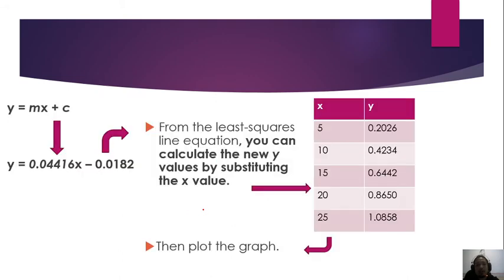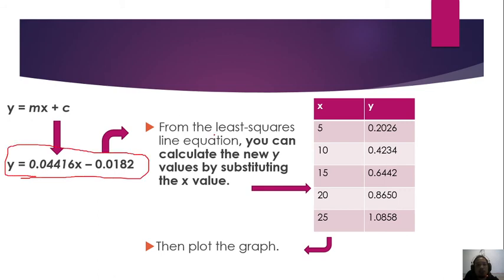And then, kamu akan masukkan semula nilai slope and nilai intercept to equation y equal to mx plus c. So, kamu akan dapat y sama dengan 0.04416x tolak 0.0182. So, apa kegunaan equation ini?